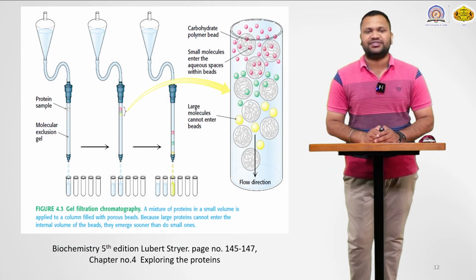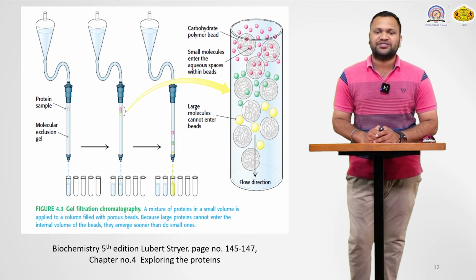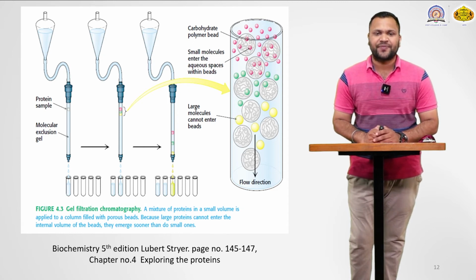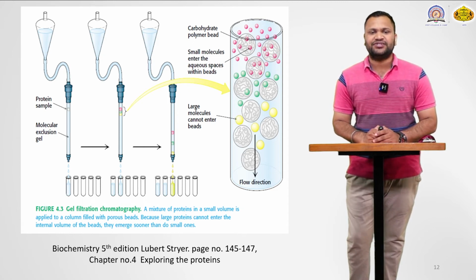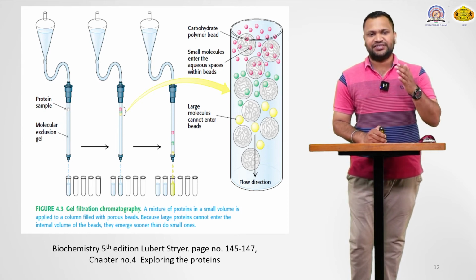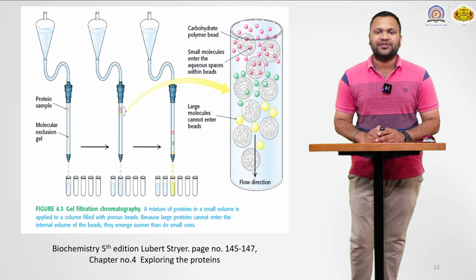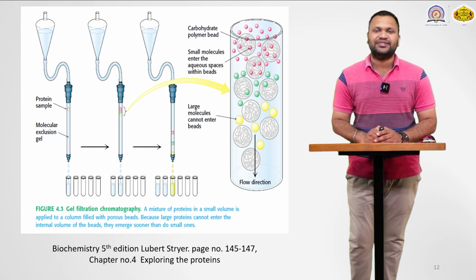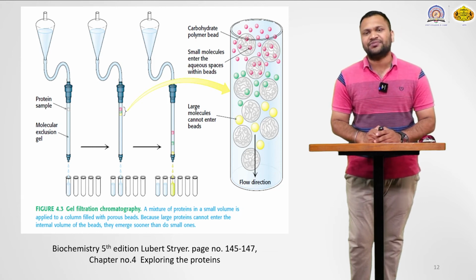So gel filtration is a similar thing. Here, the mixture you can observe at the right side of the figure, with the flow direction upwards to downwards. Then the protein sample and the molecular exclusion gel are there. The larger molecules are eluted first, then the medium size molecules, and then the small molecules.